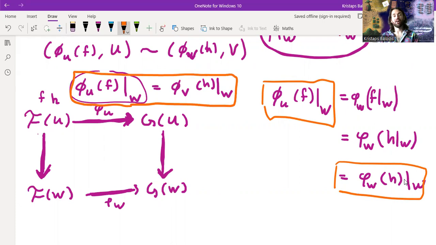So we've concluded that this is a well-defined map on stalks. In fact, you can check that your stalks still are rings. You can show that the ring morphisms respect this equivalence relation, and in fact, you get a ring homomorphism.